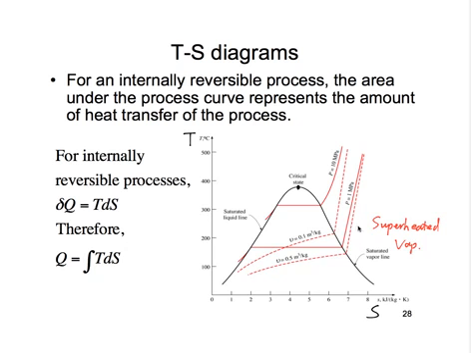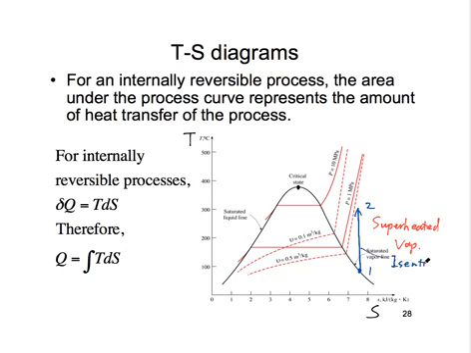For example, if you compress a saturated vapor, you start from somewhere on the saturated vapor line, and you go vertically upwards. This is if you compress a saturated vapor, and then after compression, this will give you superheated vapor.